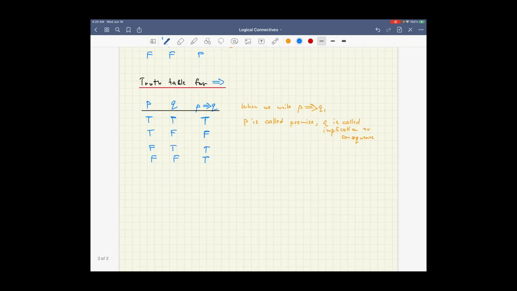Again, it's important to remember that anything based on a false premise is true.